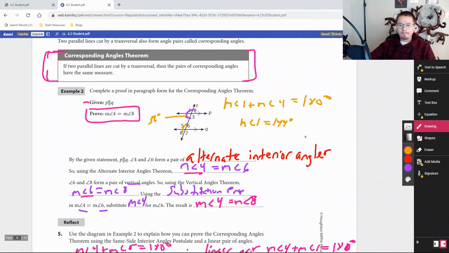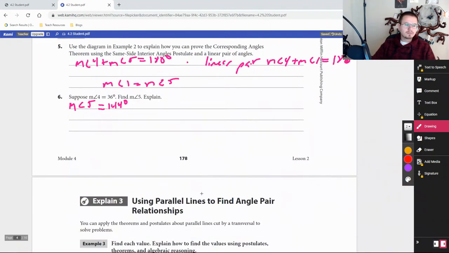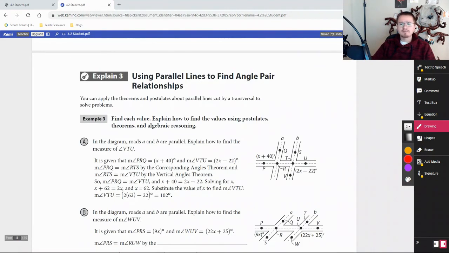Okay? So by the corresponding angles theorem, you know that 1 is equal to 5. Yep, so I was definitely talking crazy earlier. Because this is 144, this also has to be 144. Big brain. All right, let's keep it moving. This is a lot of words, a lot of notes.